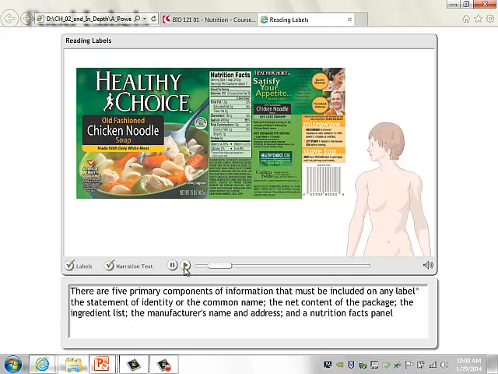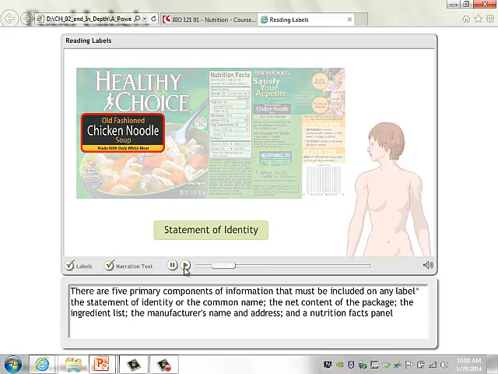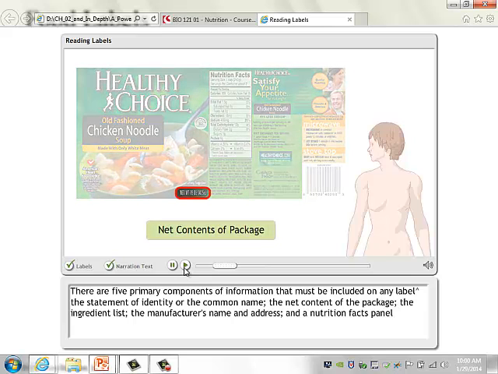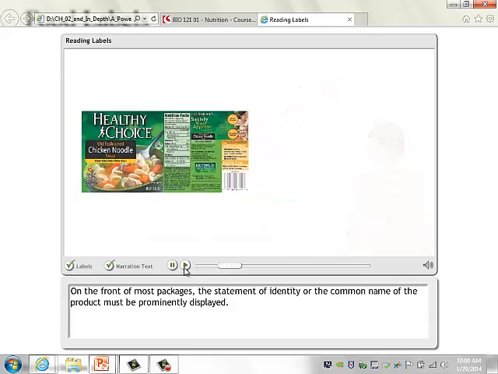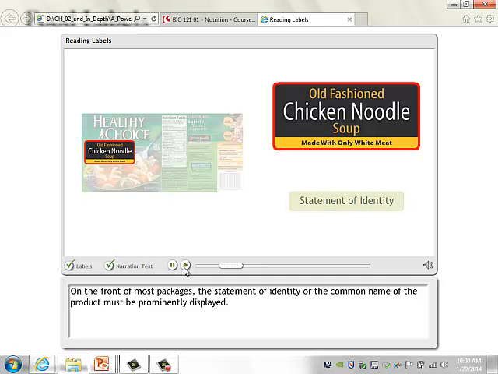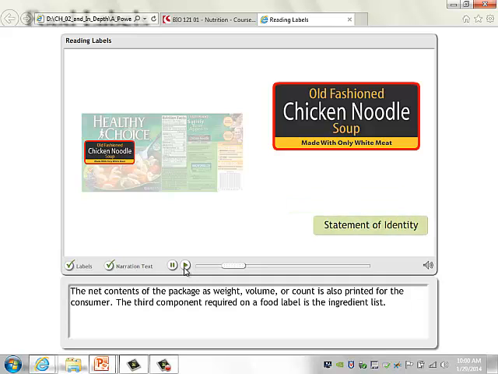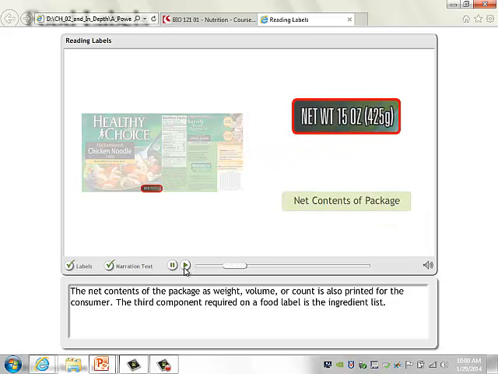There are 5 primary components of information that must be included on any label: the statement of identity or common name, the net content of the package, the ingredient list, the manufacturer's name and address, and a nutrition facts panel. On the front of most packages, the statement of identity or the common name of the product must be prominently displayed. The net contents of the package as weight, volume, or count is also printed for the consumer.